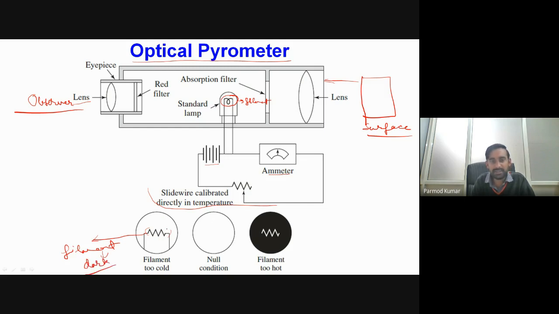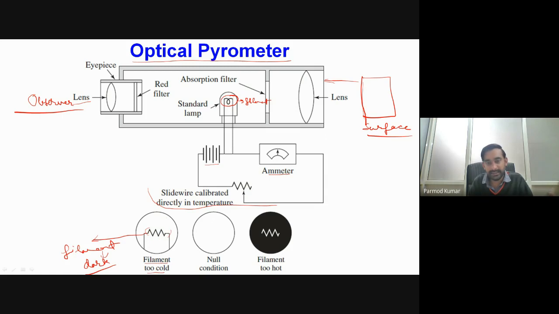The filament is clearly visible, and the background source, for which we want to measure the temperature, is completely bright, while our filament is entirely dark. In this situation, our filament is colder in comparison to the surface we have over here.